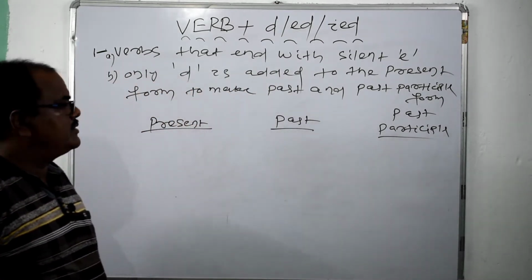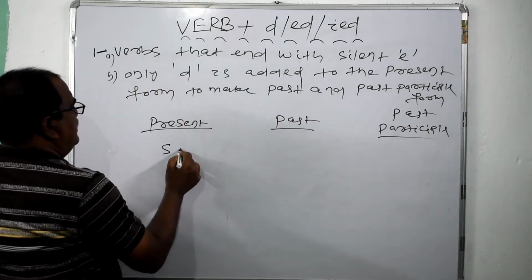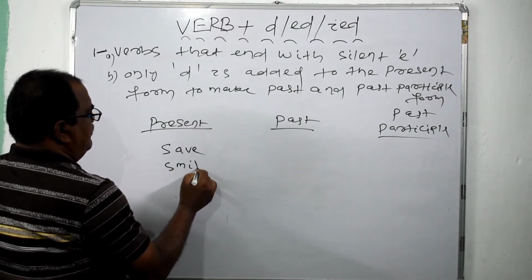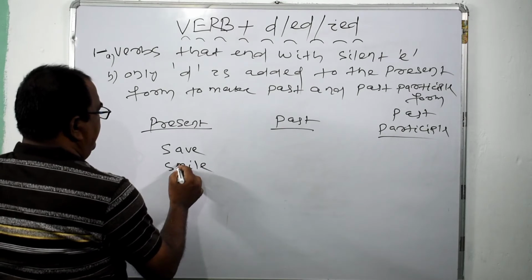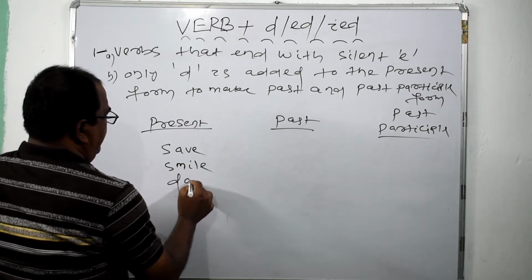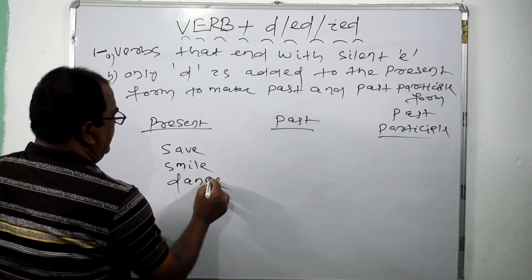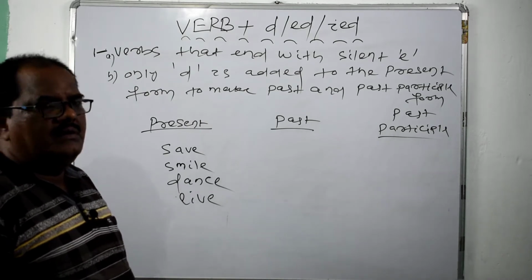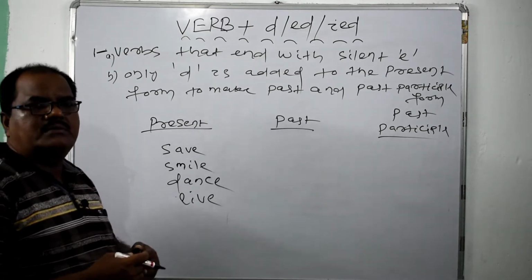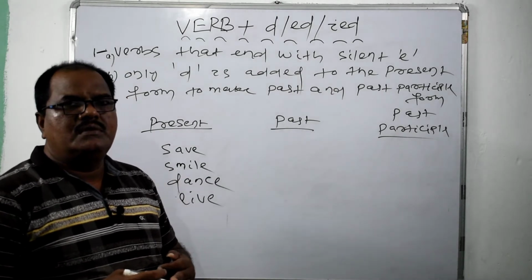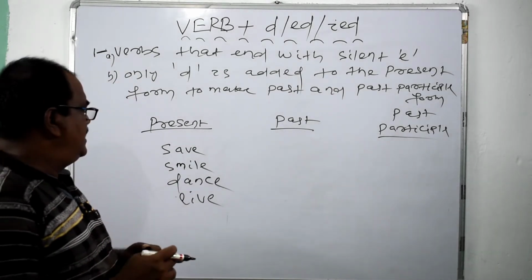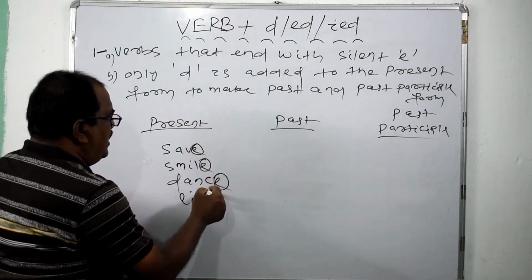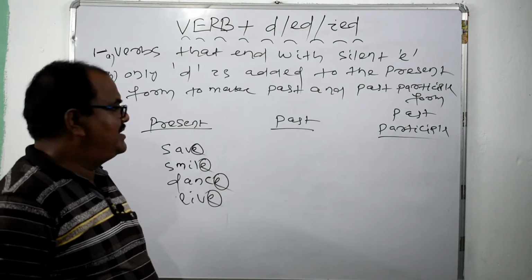We can take some examples of verbs: save, smile, dance, live. When we pronounce these verbs, you should mark that the last e in these verbs is silent.